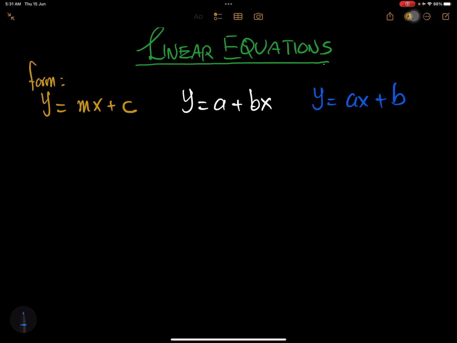They're the same thing. There is supposed to be an equality sign in there.